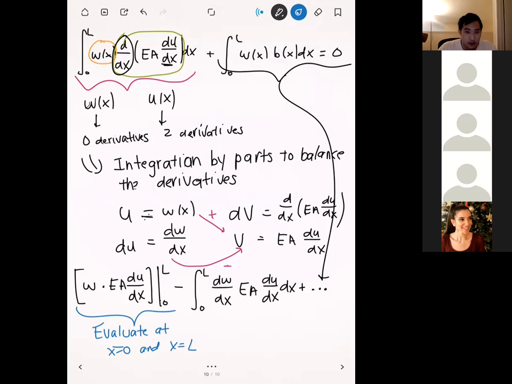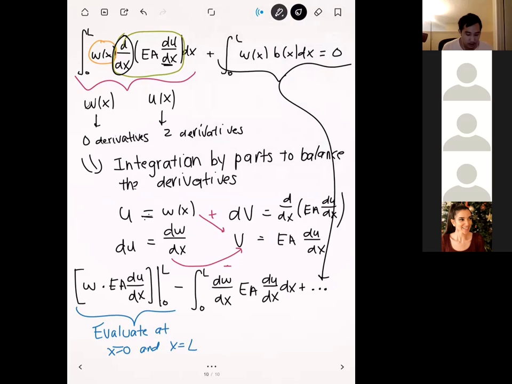Any questions on this so far? All right. But to actually evaluate this, we have to specify what our boundary conditions are. And so I'm going to apply this for a specific case. But remember, when you have the weak form, you're not limited to just this case.